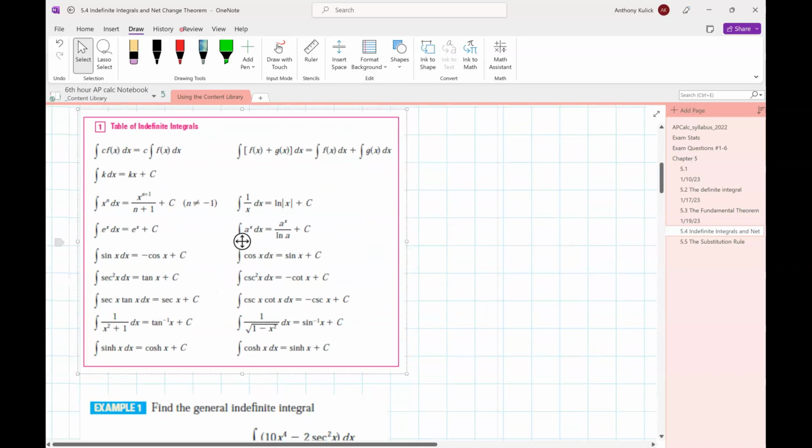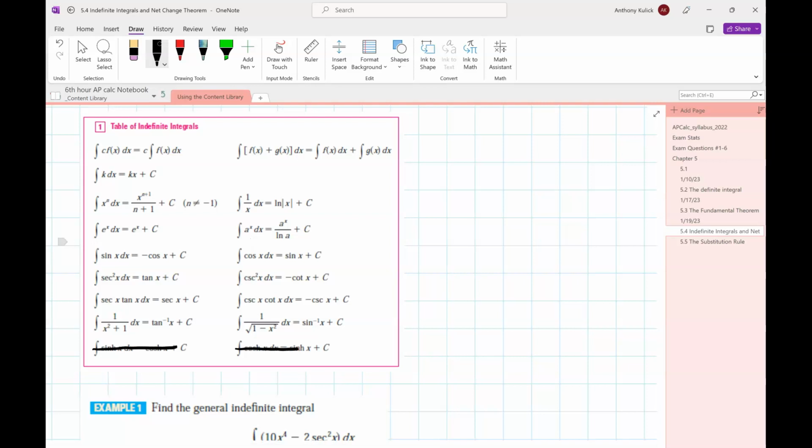All right. So here in this table, we've collected our antiderivative rules and rewritten them as integral rules. So the first three here are rehashes from section 5.2 when we saw these.